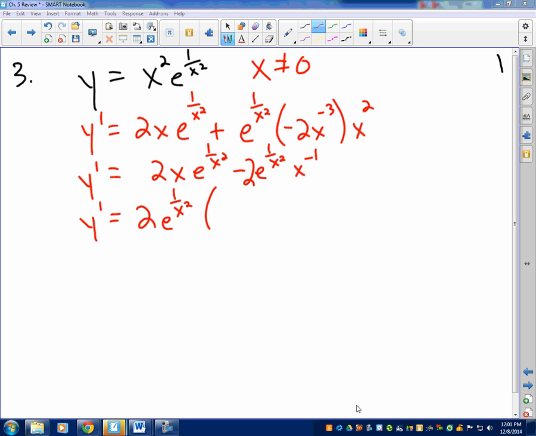So we have 2e to the 1 over x squared, and then I have left over x minus x to the negative 1. And that looks a little simpler, I think, than what I had up there.